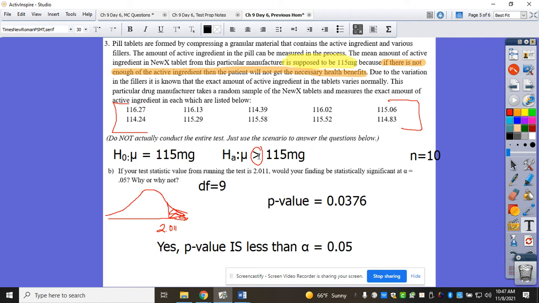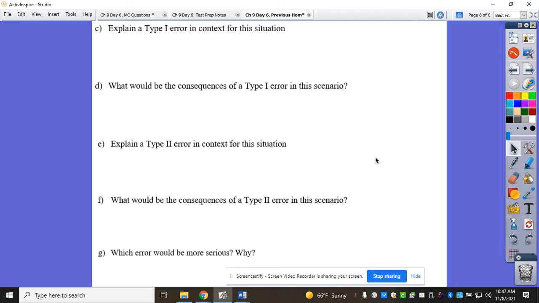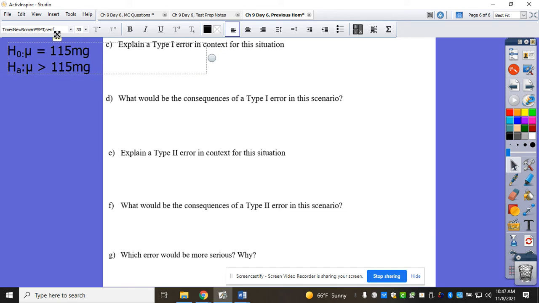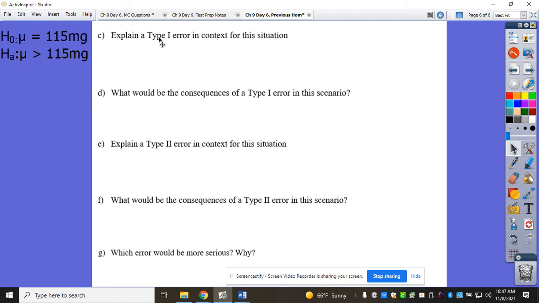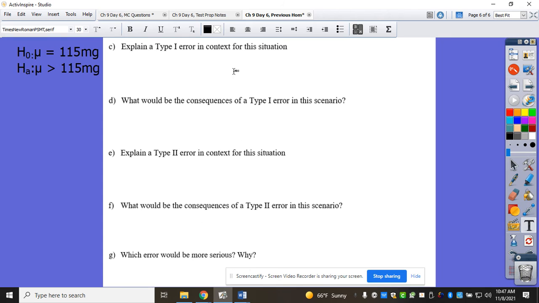All right, so I might want to copy this over. I'm using these within each one. So a type 1 error means that we chose to do what? We chose to reject or fail to reject.